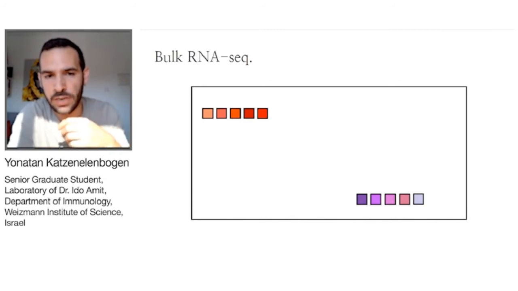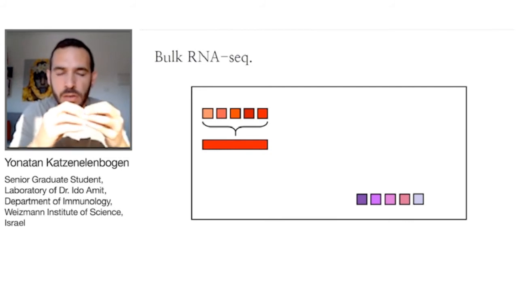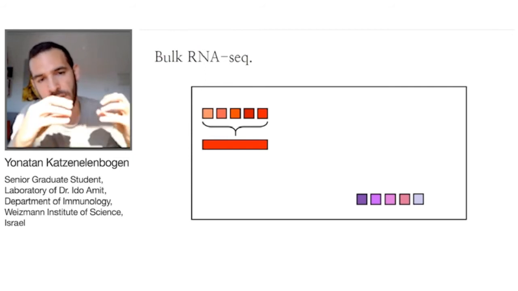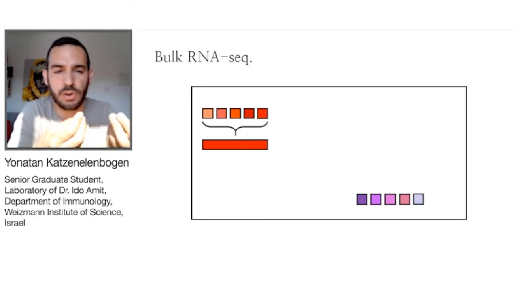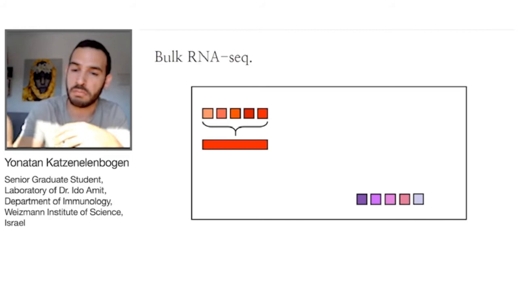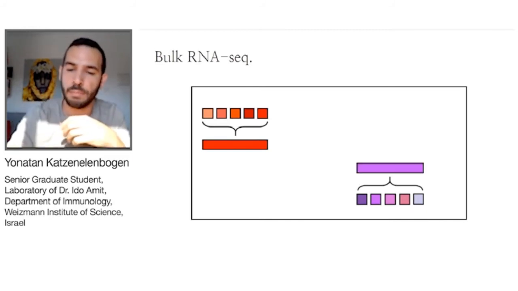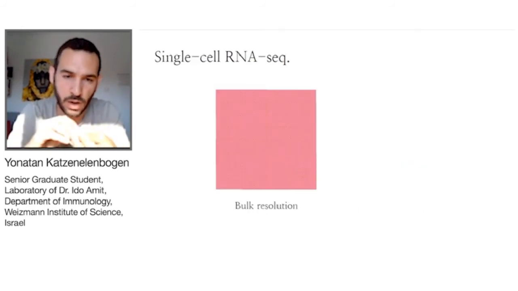So when you do bulk RNA-seq, you are averaging the mRNA expression, and you get this flat red at the end. You cannot detect which mRNA molecule came from which cell state. The same is true for, let's say, CD14 monocytes. They have different states, but when you bulk sort them, you lose this complexity when you analyze your data.